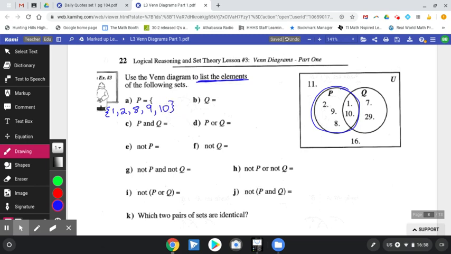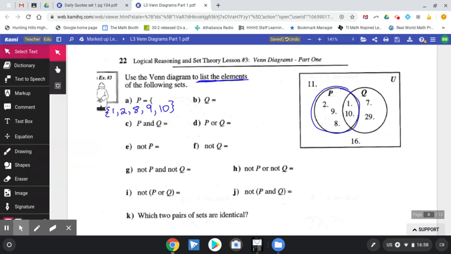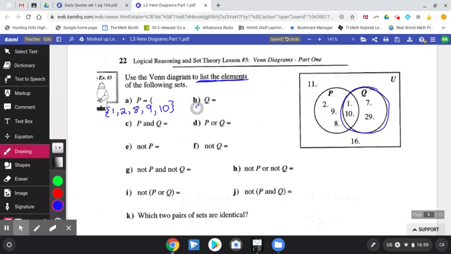That would be set P, everything that's in circle P. Set Q, let's move our circle over. There we go. Set Q, we're looking at everything that is in the blue circle. So set Q, remember curly brackets, would be 1, 7, 10, 29.